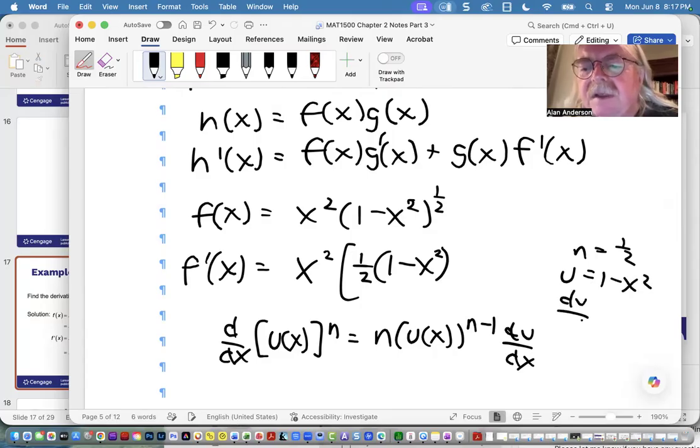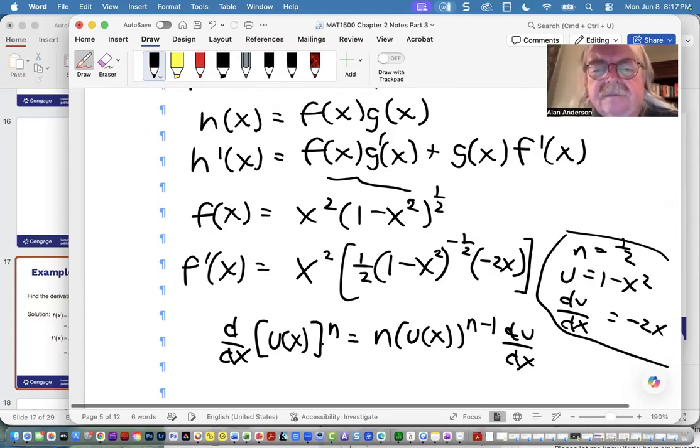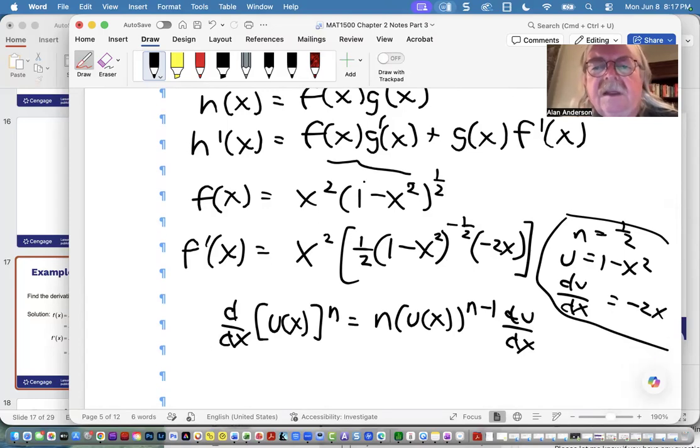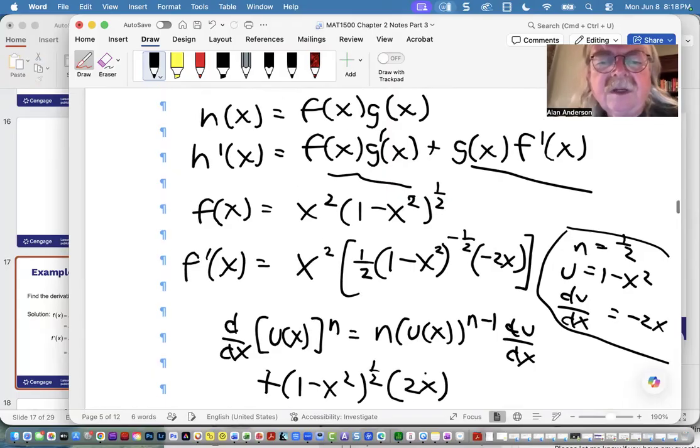And that implies a du dx of minus 2x. So now we just basically plug everything in. We've got 1/2, 1 minus x squared to the minus 1/2 times minus 2x. Now that's just this first piece. Then we still need this piece, g of x, times f prime of x. That would just be 2x. So let's bring this all together.